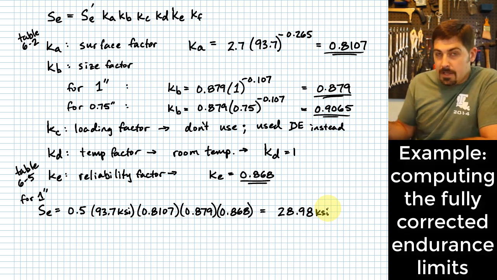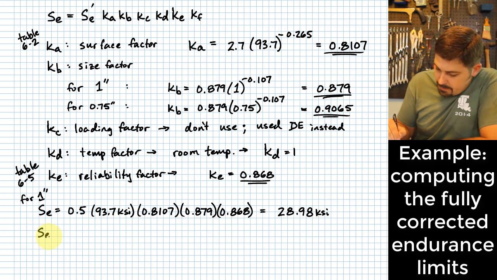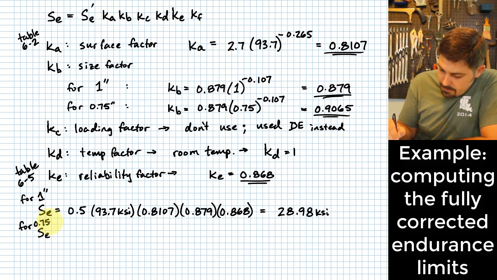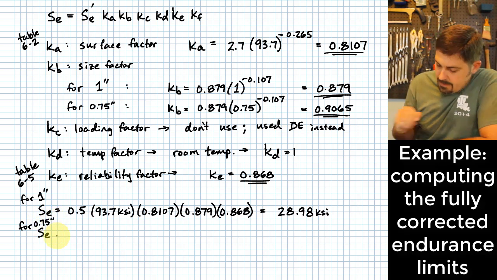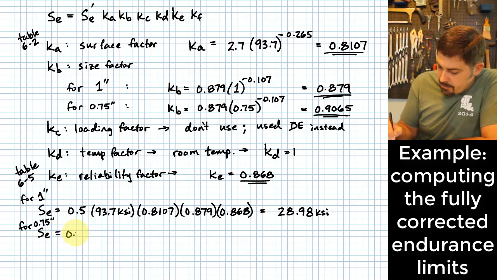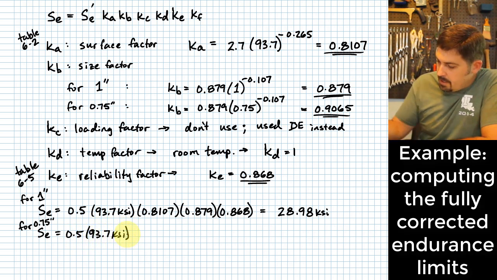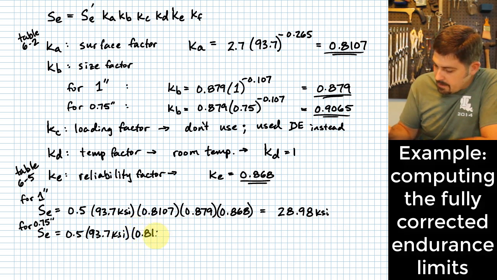Next we've got S sub E for the 3/4 inch. It looks very similar. The only thing that's different is we change the size factor. So all this stuff stays the same, and the size factor goes to 0.9065.